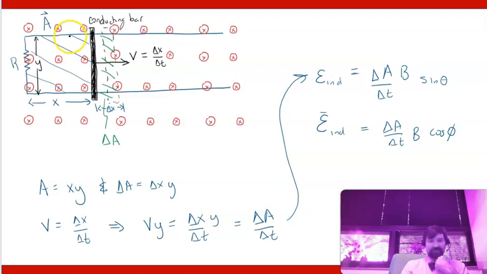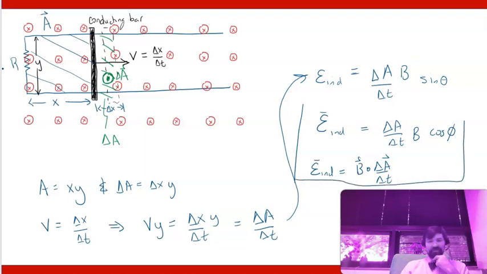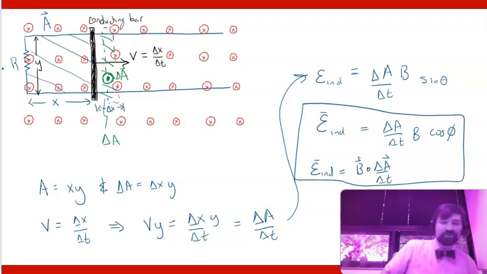Recall that the area vector always points perpendicular to the plane in which the area is being found. So this would be my delta A. This suggests that my induced EMF is actually B dot delta A. So either of these is a valid way of expressing that same induced EMF.